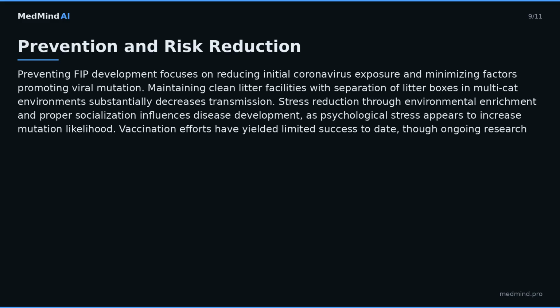Stress reduction through environmental enrichment and proper socialization influences disease development, as psychological stress appears to increase mutation likelihood. Vaccination efforts have yielded limited success to date, though ongoing research continues toward more effective immunization strategies. Testing protocols help identify persistently infected cats that warrant isolation in multi-cat settings.